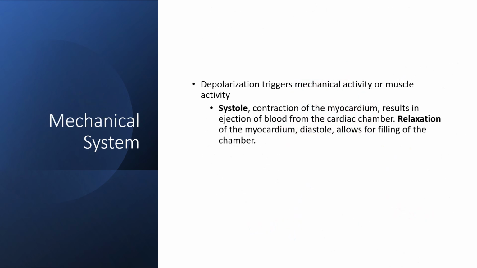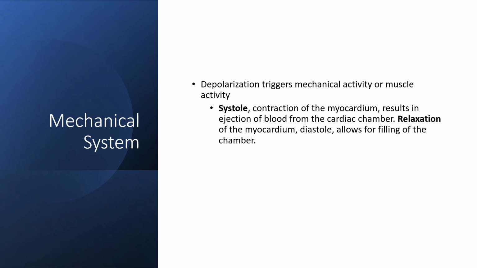So just to quickly recap, going back to the previous slide with the electrical conduction system, when the SA node fires and that current gets transmitted to the AV node, subsequently to the AV bundle and then the Purkinje fiber, what's happening there is something called depolarization.